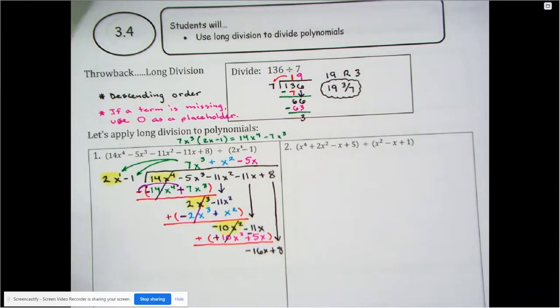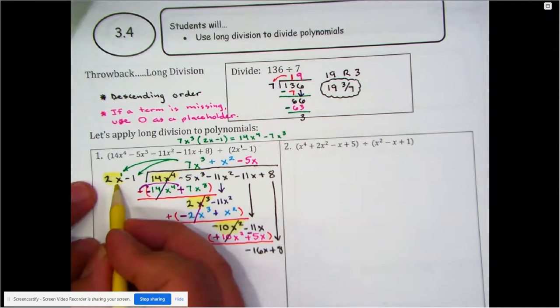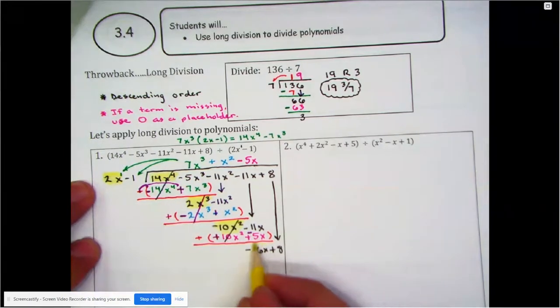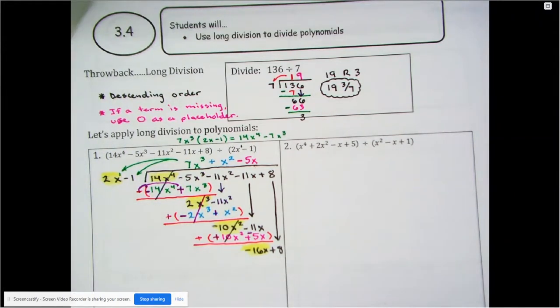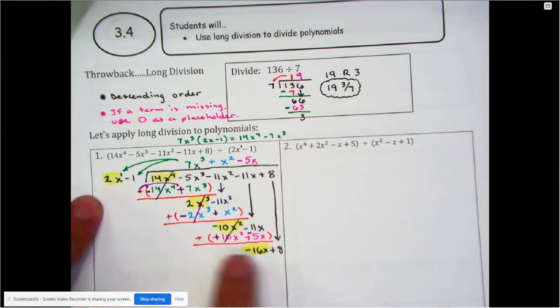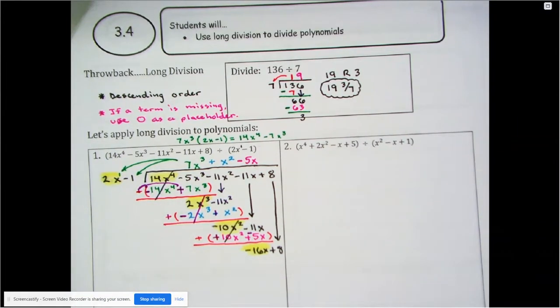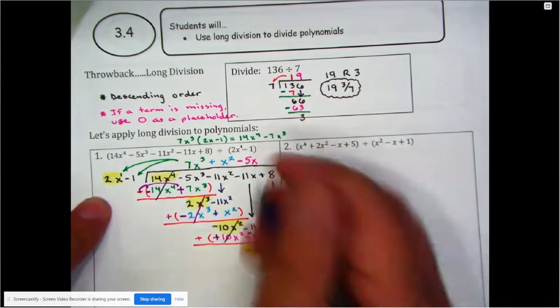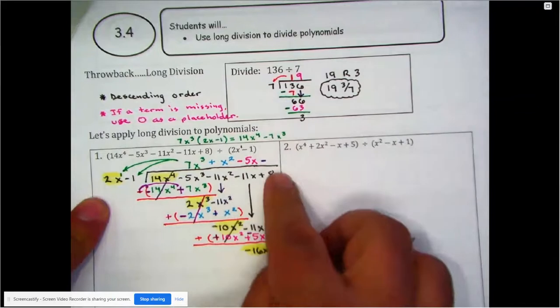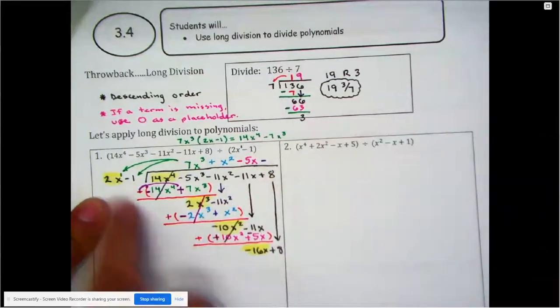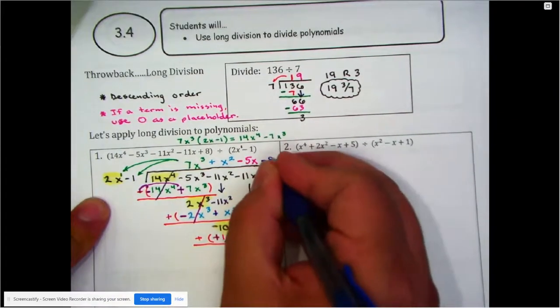So who am I trying to match now? I'm matching that 2x as always, but now I'm just trying to turn it into a negative 16x, and it has to be a perfect match. So 2 times what is going to give me that negative 16? Well, 2 times, let's see, 2 times negative 8. Not because it's an 8 here. 2 times negative 8 is going to give me that negative 16.